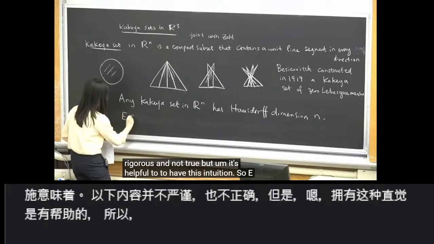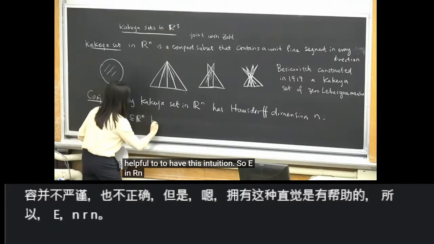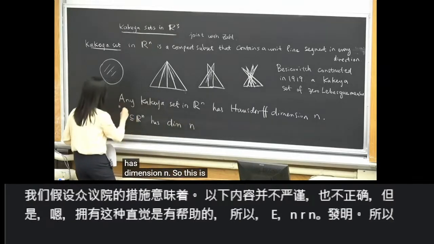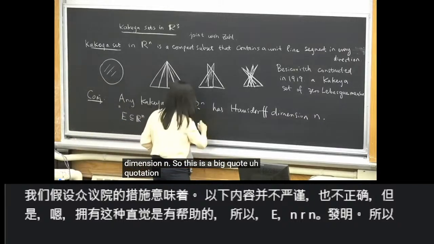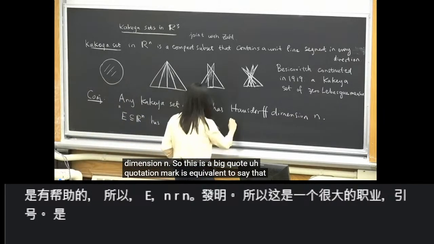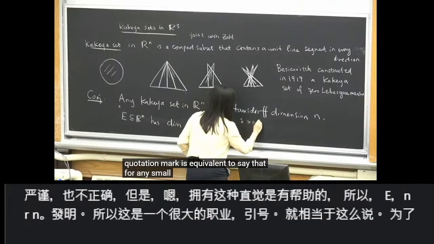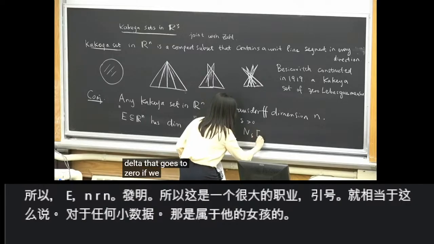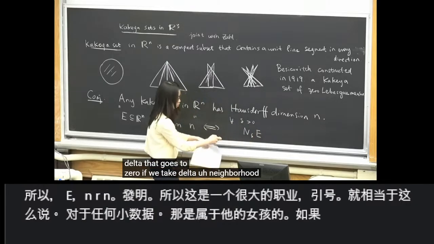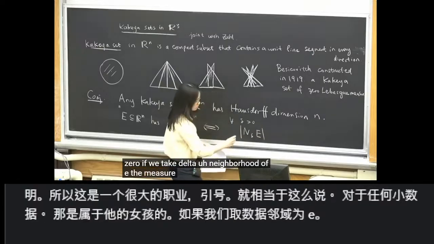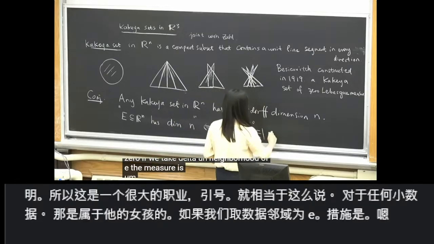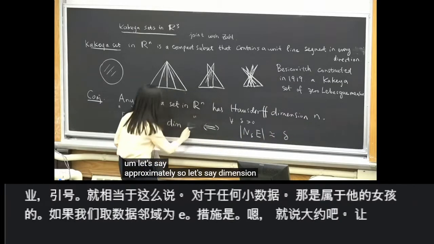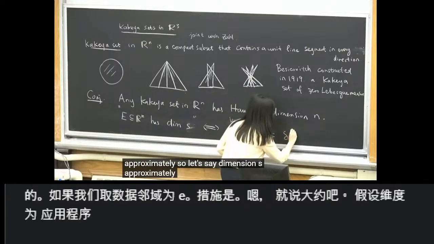So E in Rn has dimension "n", in a big quotation mark, is equivalent to saying that for any small delta going to 0, if we take the delta neighborhood of E, the measure is approximately delta to the n minus S, where S is the dimension.